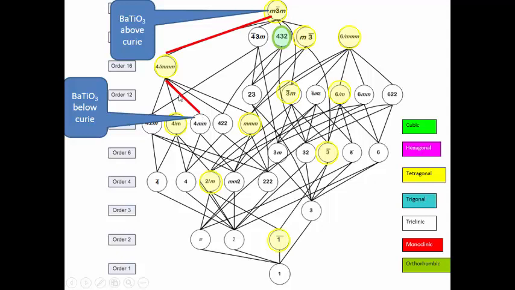You could think of it perhaps as adding a center of symmetry here, because 4 over mmm has a center of symmetry. Notice when I say the bar, you read it as 4 over mmm, and then you could maybe add a threefold down the 111 diagonal, for example, and come up to m3 bar m.